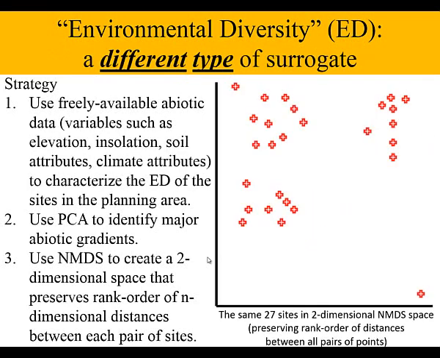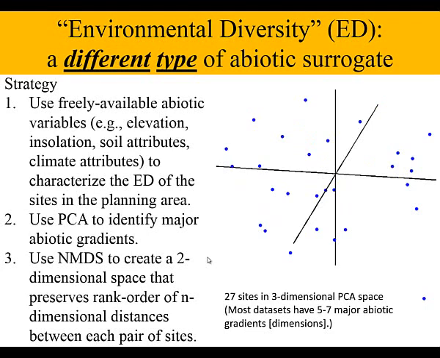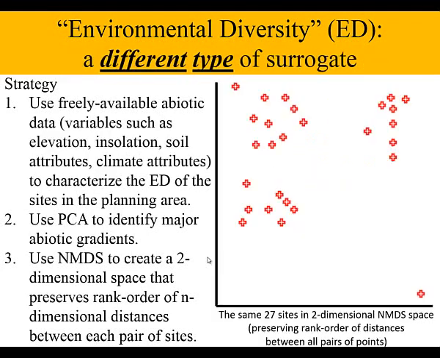You notice that this outlier is still an outlier. In the next one, it's sitting way out here by itself. But the idea is now the distance between any 2 points in this 2-dimensional space is roughly proportional to the distance in multidimensional space. We've just displayed it more simply. And we need to do this for the next step.